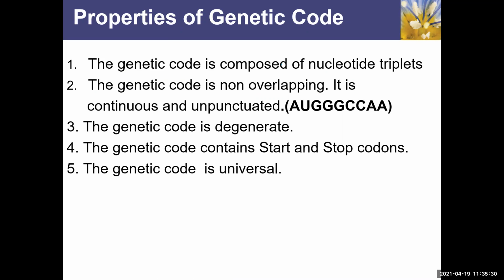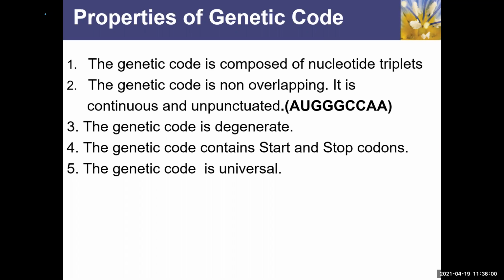Can you name the stop signals? You should know about it. UAA, UAG, and UGA. Absolutely. Very good, everyone. And how many initiation codons do we have? We have only one, AUG, to start the initiation of the translation.